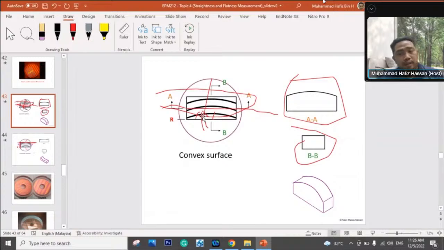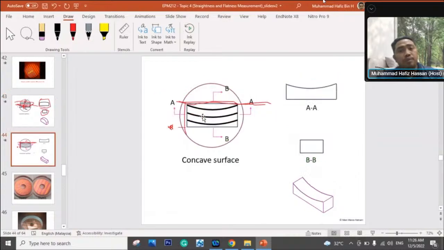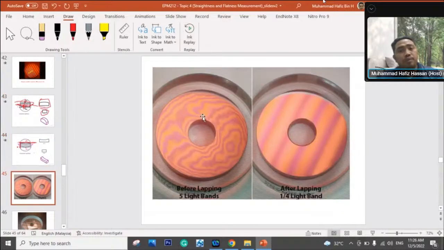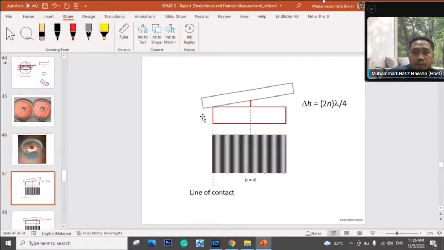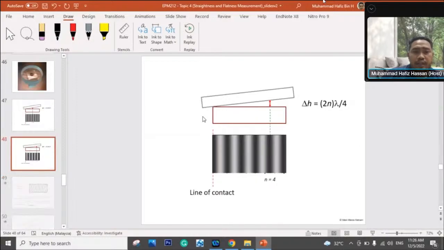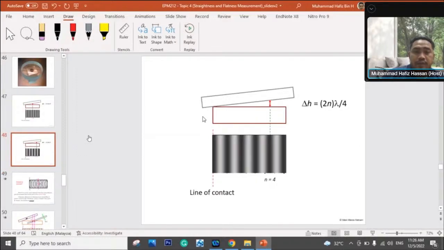Then we have to do the polishing. This is the way we improve the surface flatness of the product or workpiece. In this case, we can also see the fringes are straight enough. Like here, line of contact, straight. That is an example.